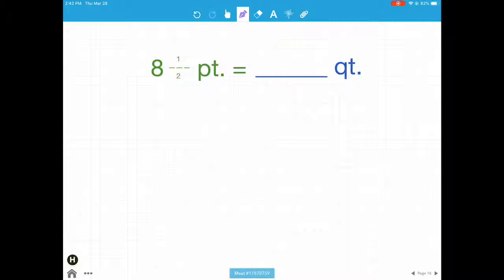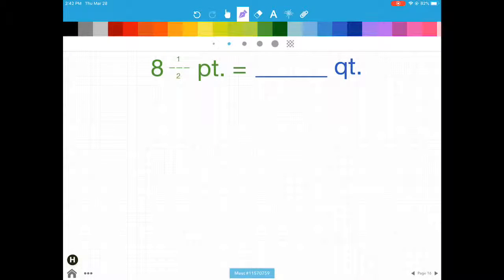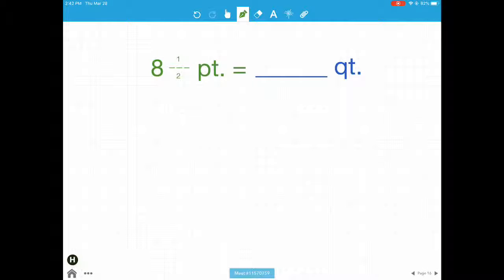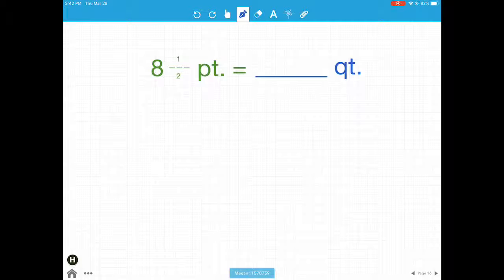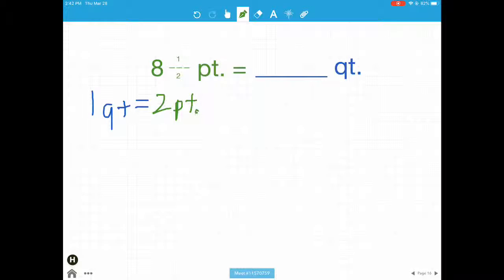Okay, we're going pints to quarts. We didn't get to pints and quarts today, but if you know it, it's on a chart on page 35 of your module. Okay, so 1 pint, and this is important, equals 1 quart, excuse me. Let me go backwards. 1 quart is equal to 2 pints. Now, are we going from smaller to larger or larger to smaller?